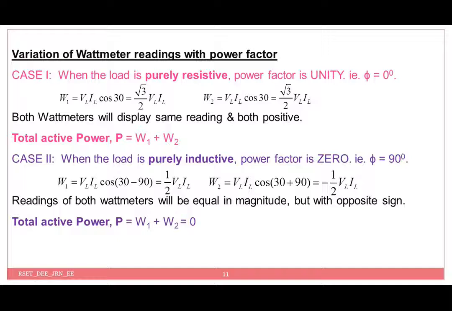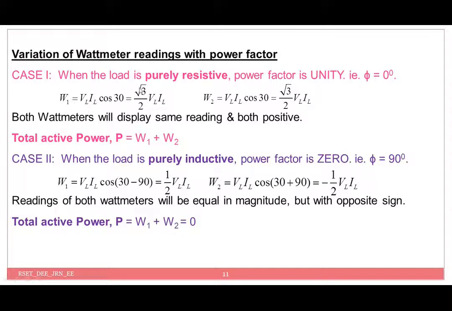Purely resistive means the phase angle between voltage and current is 0. So phi is 0, which means power factor is unity. Now W1 is VLIL cos(30 - phi), and with phi 0 that is VLIL cos 30, and W2 is VLIL cos(30 + phi), so you get VLIL cos 30. Cos 30 is root 3 divided by 2.